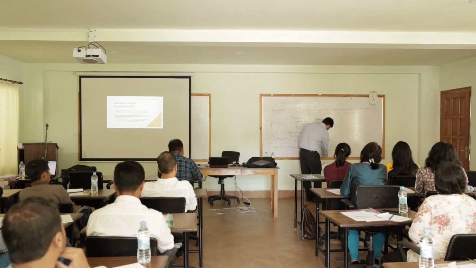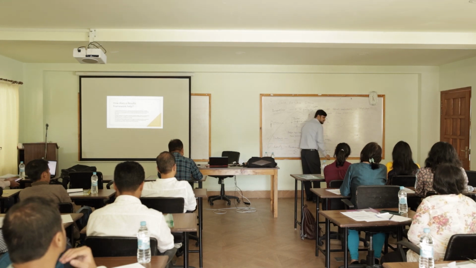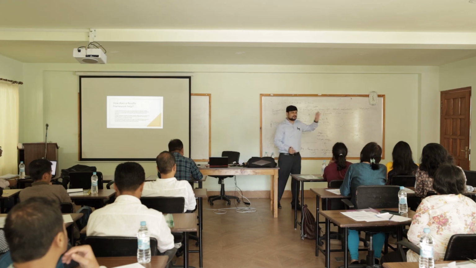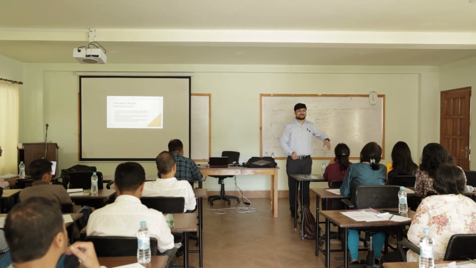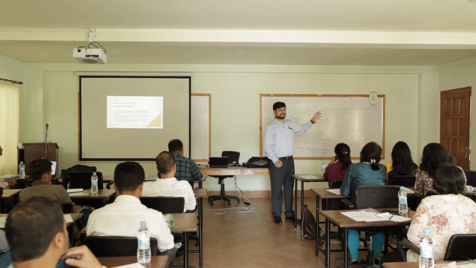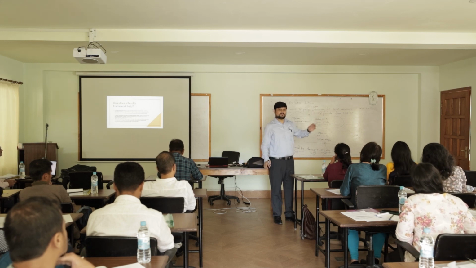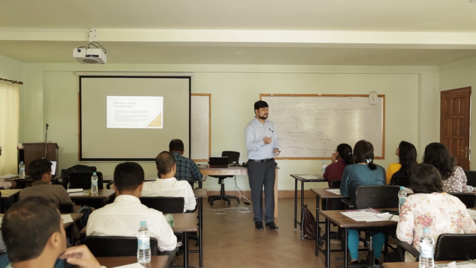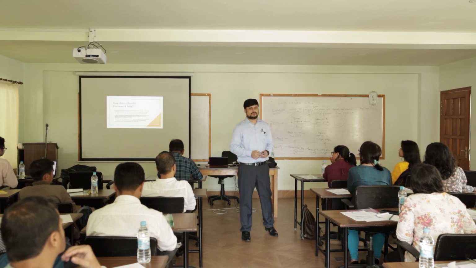Counseling, 100 counseling sessions have to be conducted. You are listing down all these activities on the left hand side and mentioning their targets on the right hand side. Very simple. What you can also do is mention the time frames.